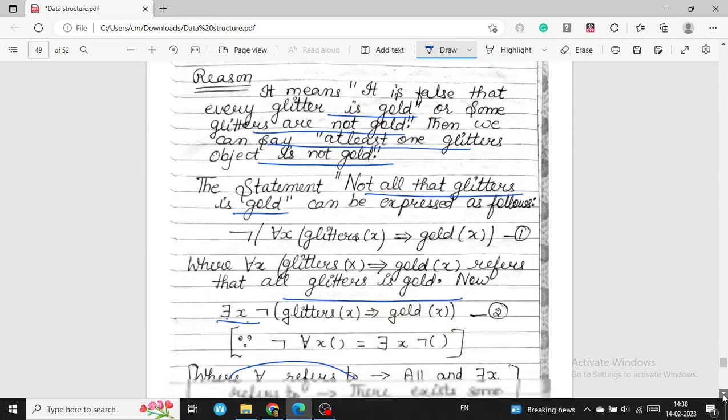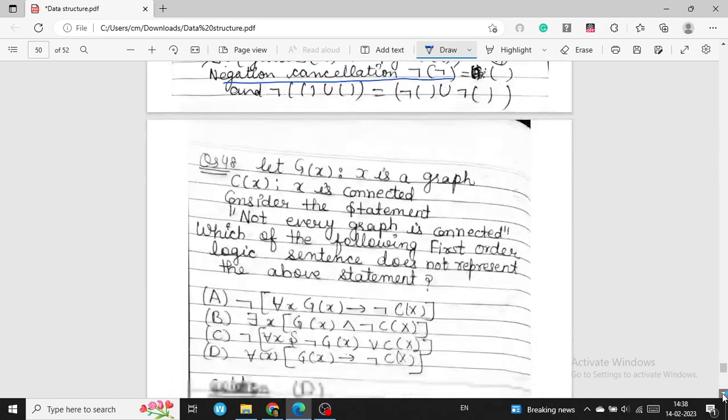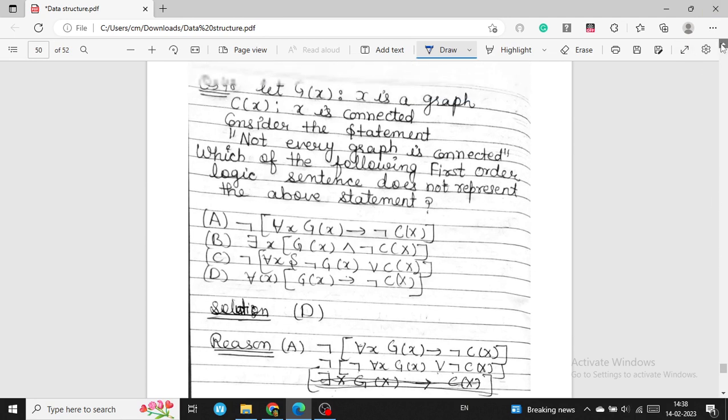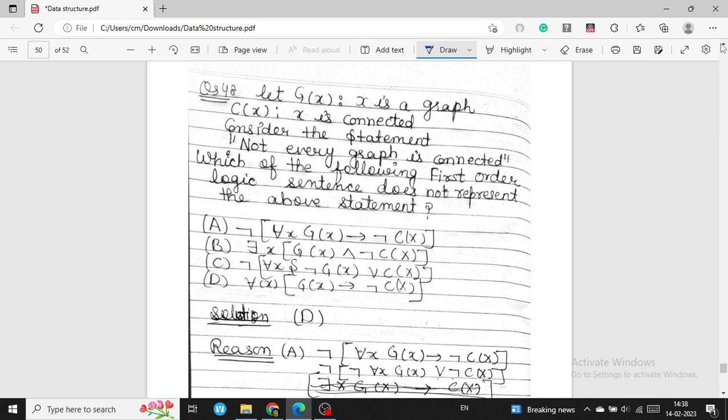And the next question: we have been given G(x), x is a graph, and C(x), x is a connected graph, with the statement "Not every graph is connected." This question is related to the previous question.